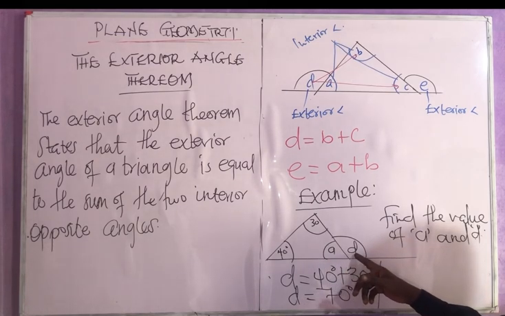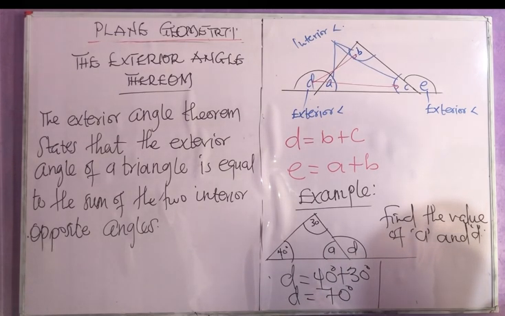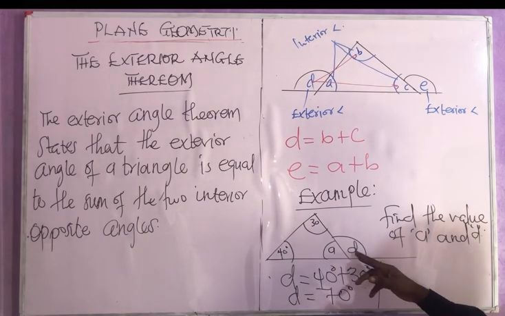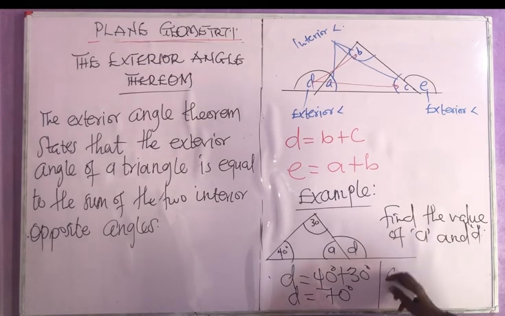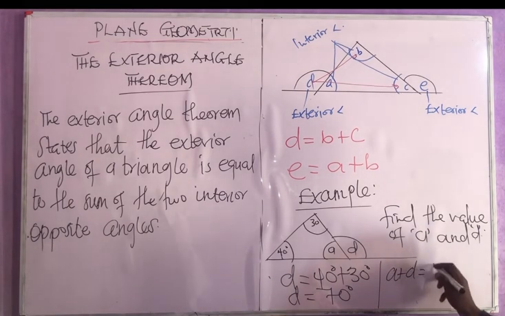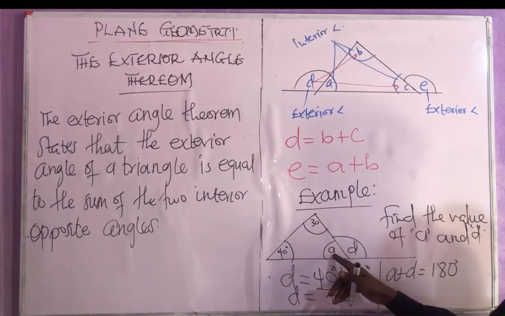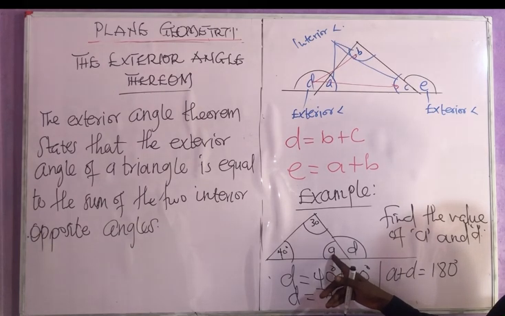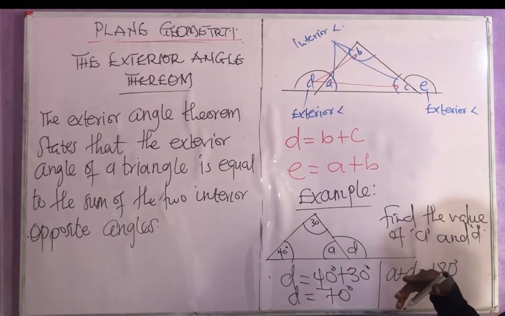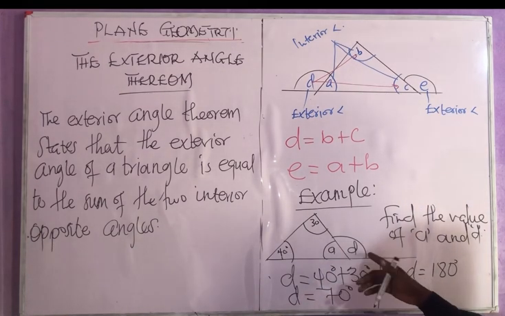Now, looking at this particular thing, A plus D is also on a straight line. Can you see that? A plus D is also on a straight line. So if A and D are on a straight line, then you can say that A plus D is equal to 180 degrees. I've already said that you can also decide to add this plus that and equate it to 180 and use the interior angles of a triangle sum up to 180. This one too is on a straight line, so angles on a straight line sum up to 180.